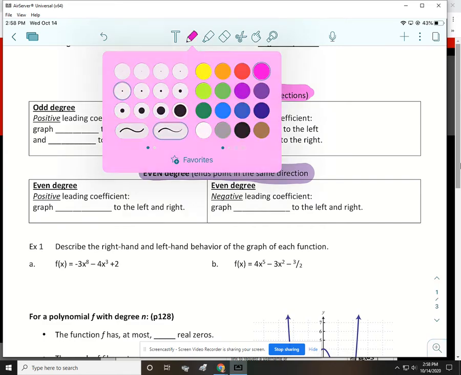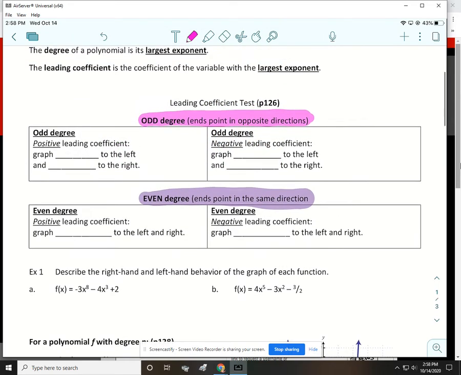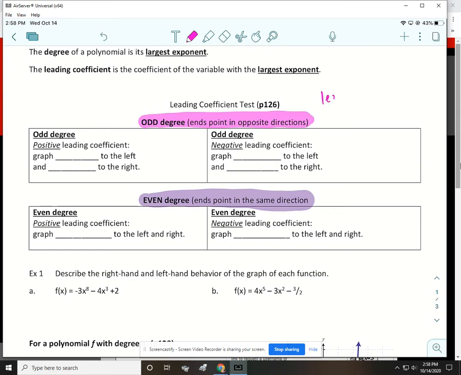And one thing that I talk to my students about when I'm teaching this is that the leading coefficient tells what happens on the right. So a positive leading coefficient is going to go up on the right, and a negative leading coefficient is going to go down on the right, or fall on the right, and rise if it's positive. And then if it's odd, the left will do the opposite. If it's even, the left will do the same. So that's a quick way to remember.